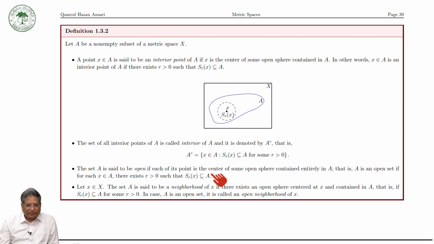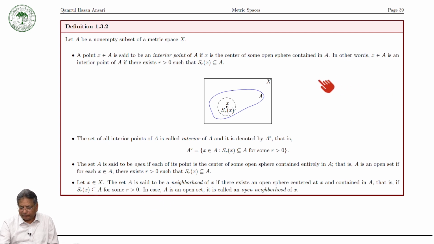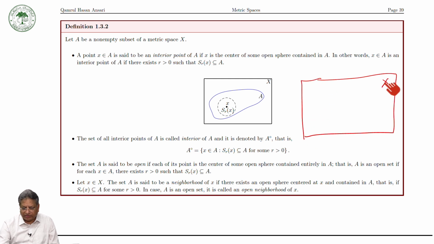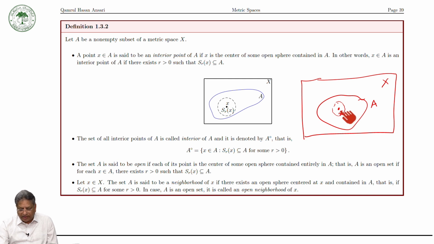Now, we define the neighborhood. Suppose x is in capital X, and suppose this is my set X, here we have a point x, and this is your set A. A is called a neighborhood of x if there exists an open sphere centered at x contained in A. There exists, not all, there exists an open sphere centered at x contained in A, then A is called a neighborhood of x.